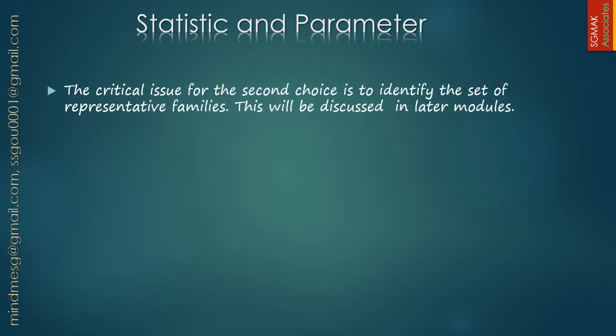The critical issue, however, for the second choice is to identify the set of representative families. How would you get a set of families that represent the entire population? We'll be discussing this in later modules.